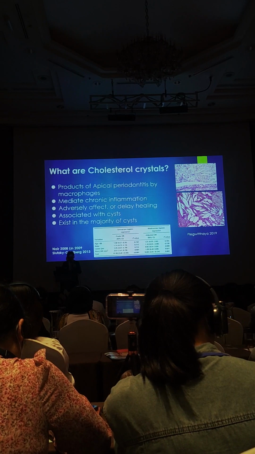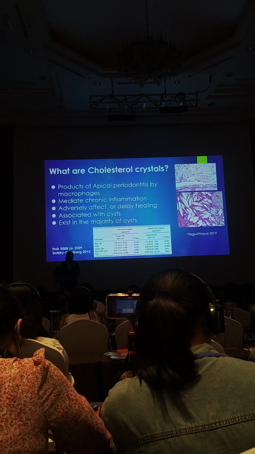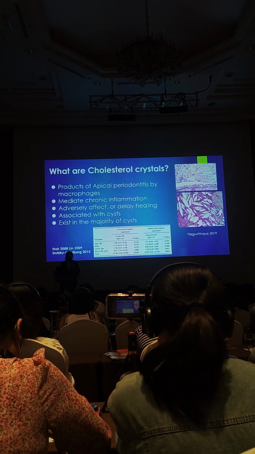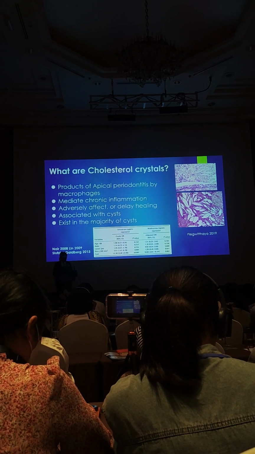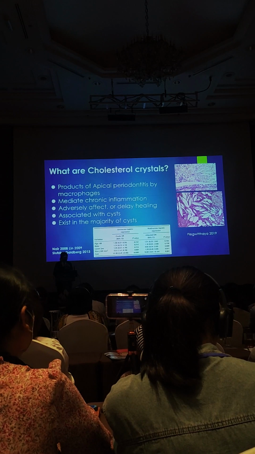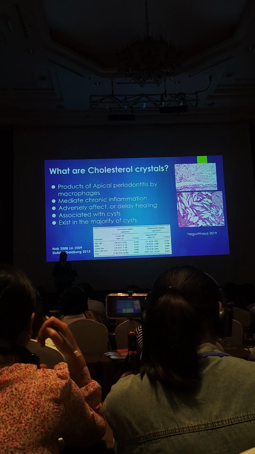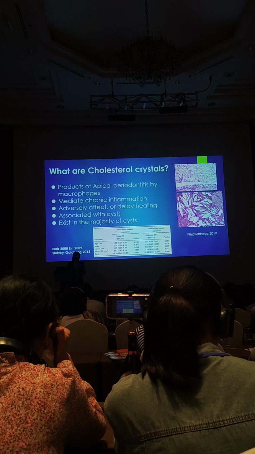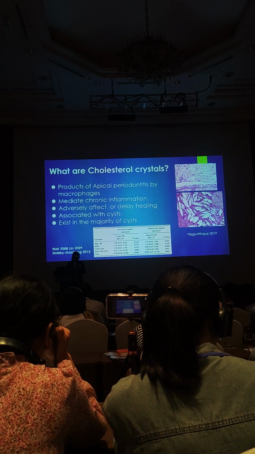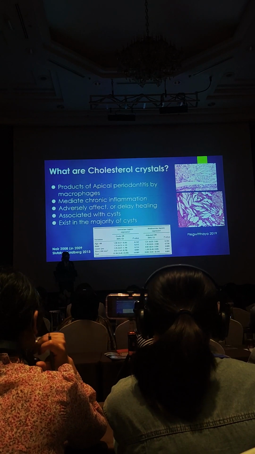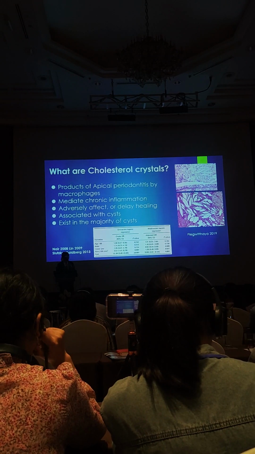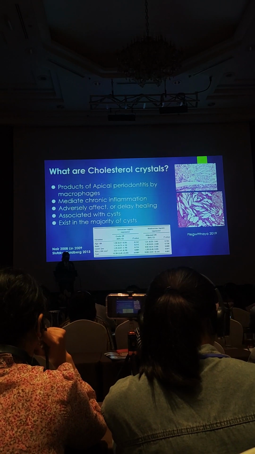You don't need that. So you have to remember, when you see a big lesion, if it's a cyst, you have cholesterol crystals. You need to remove it to get the lesion to disappear. So that's why, in that case, you need surgery. It's difficult to make it disappear in a non-surgical way.